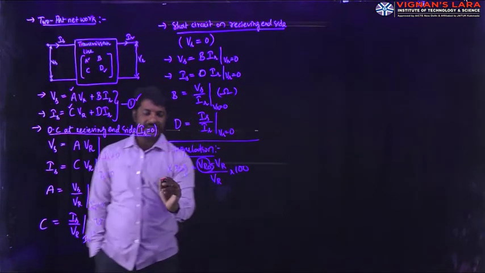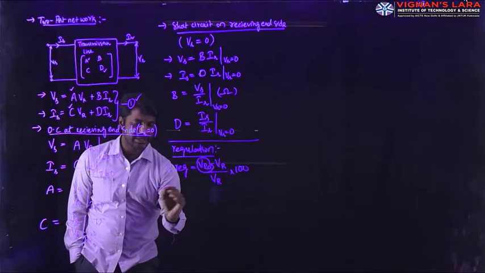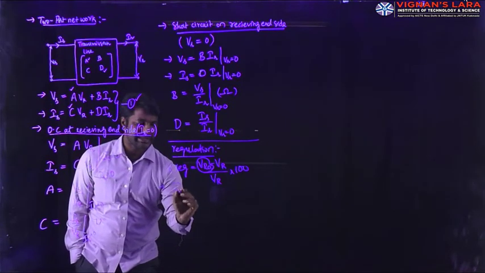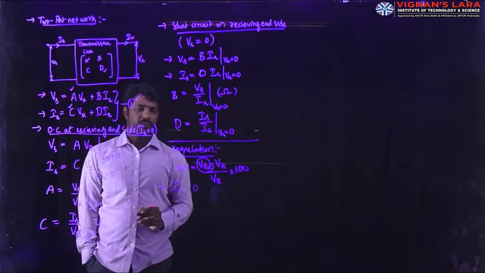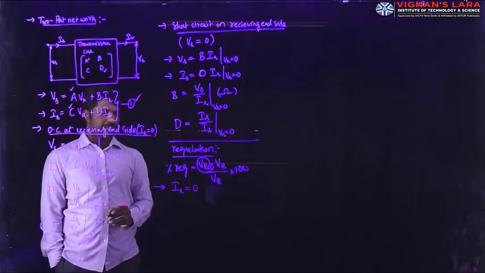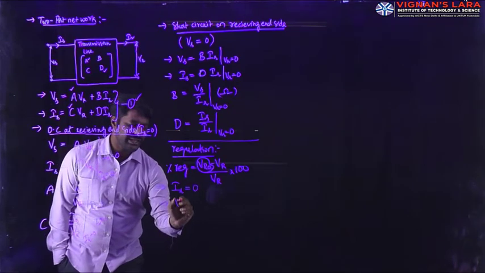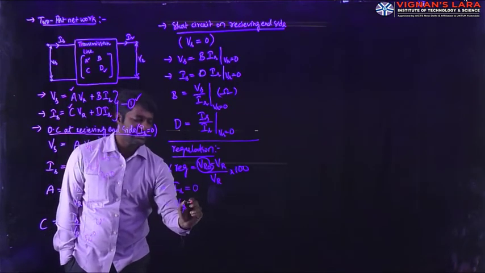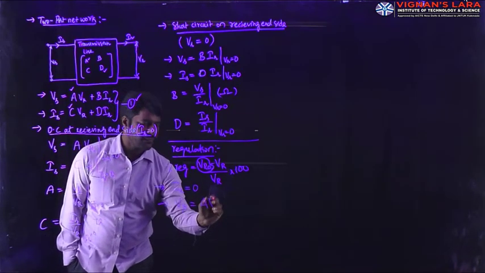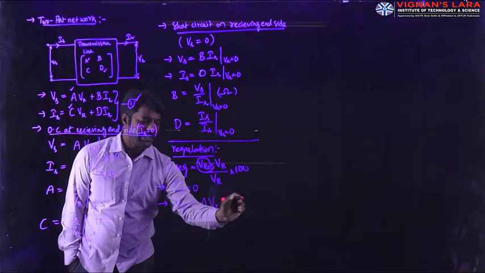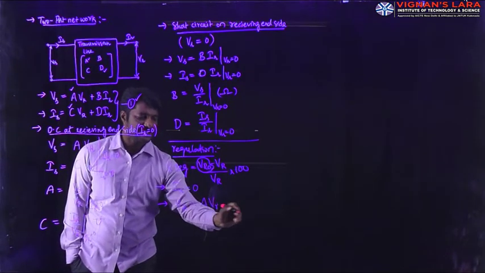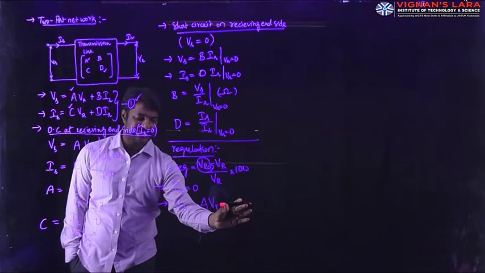If the line is operated at no load or open circuited, then we know that the current at that side will be 0. With the current IR equal to 0, I can write the first equation as Vs equal to A into VR plus B into IR. Anyhow IR is 0, that is why I am not writing that second term.